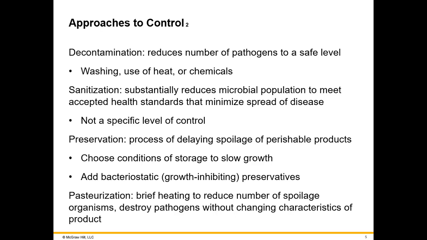The temperatures that are used for pasteurization are not sufficient to eliminate the endospores themselves, although the vegetative cell, the vegetative microbe itself, is sensitive to those temperatures. So typically pasteurization is exposure of the liquid to temperatures between 55 and 72 degrees Celsius for specific time periods.